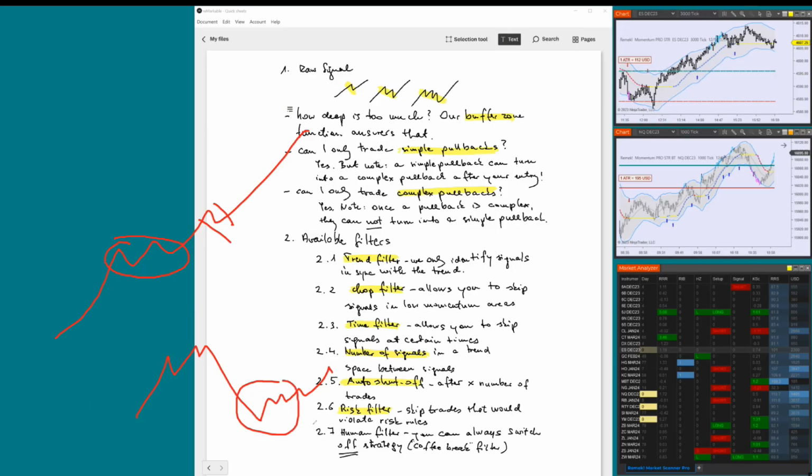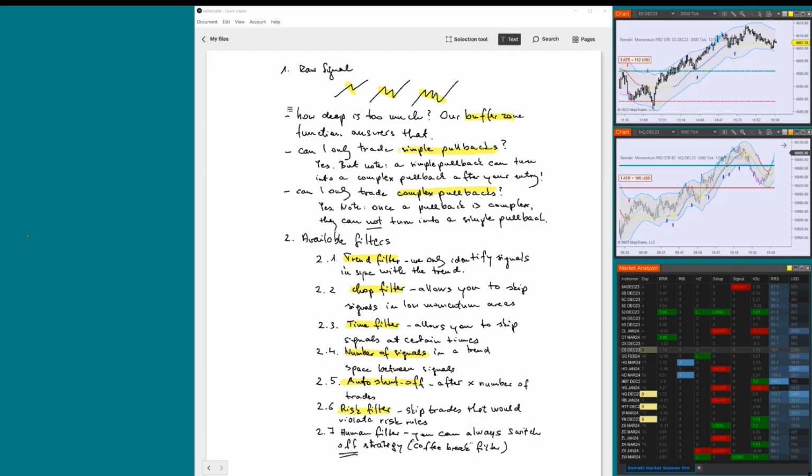So the point is that we need to think of some kind of automated, algorithmically programmable way to teach the software to recognize situations where the pullback might be too deep for our taste or to our liking, and we may not be interested in trading that in the same direction, because it could mean that momentum is emerging in the other direction, or the market might start to form a sideways consolidation area, a range-bound market, which generally is not something we want to trade, which is, in other words, called the choppy market.